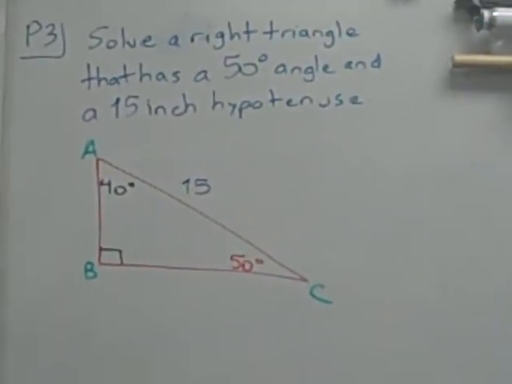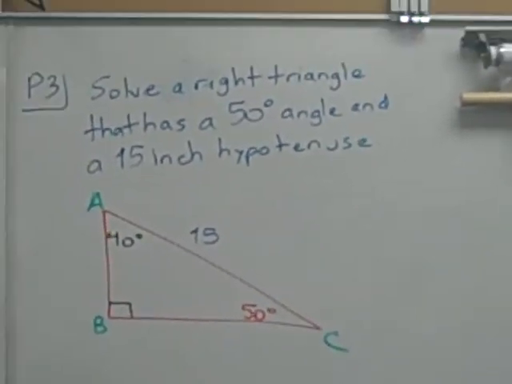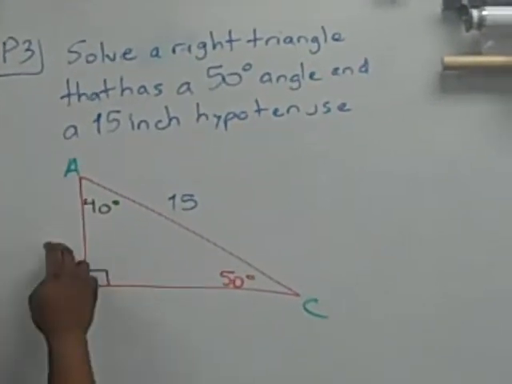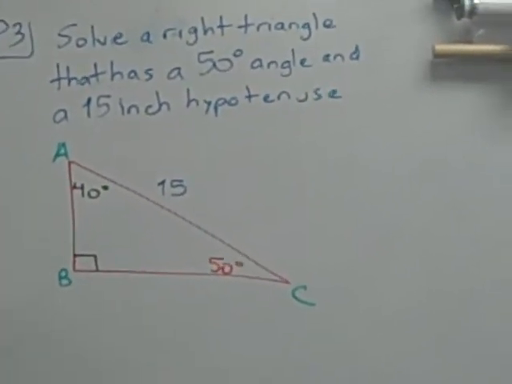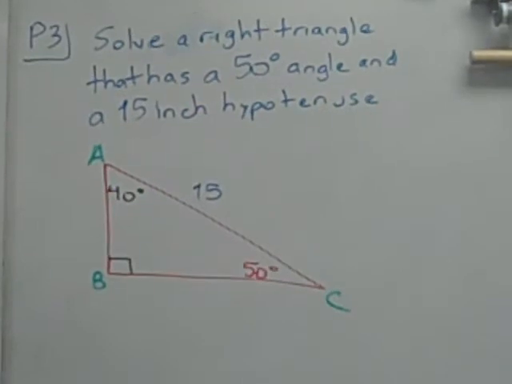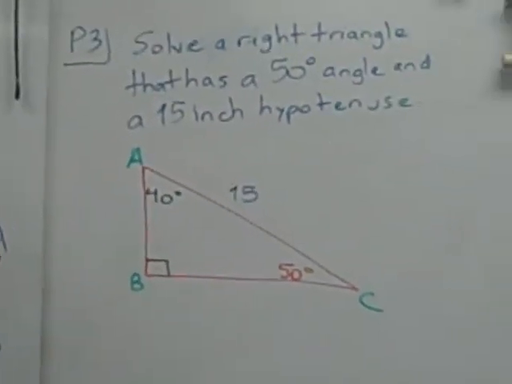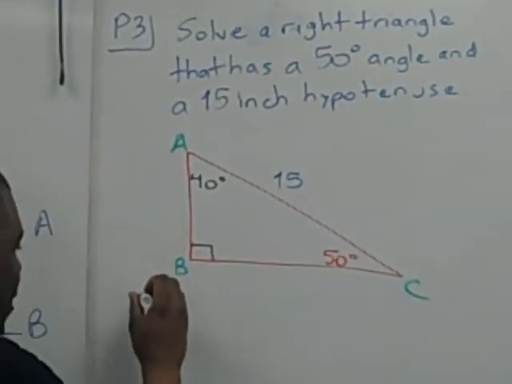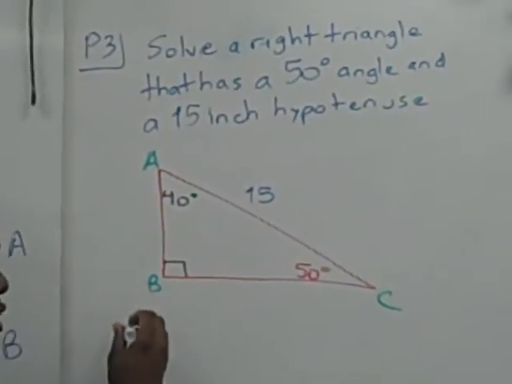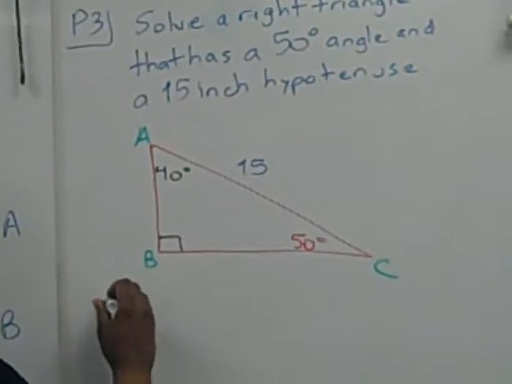Now, we have to find out what these sides are. And we're going to use our trig ratios to come up with an answer. Since we have a hypotenuse, we need to remember our word, which, of course, is SOHCAHTOA.